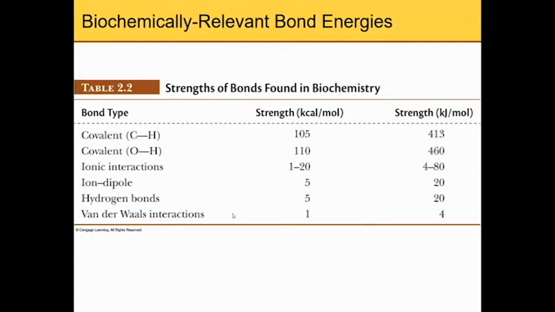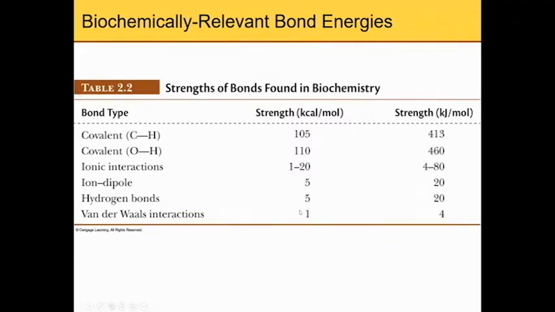They have biochemically relevant bond energies. So for the covalent bond, the energy is the highest. And then the ionic bond is in the middle, below the covalent bond. Then you have the ion-dipole energy, and then the hydrogen bond.